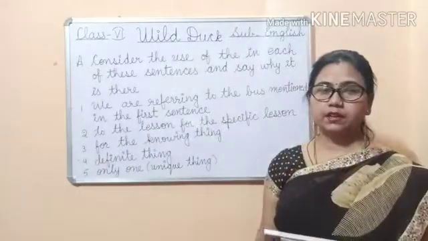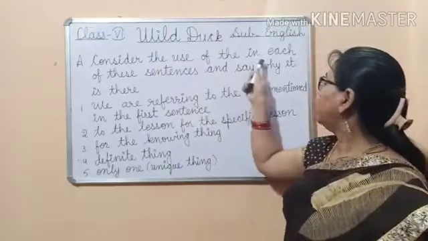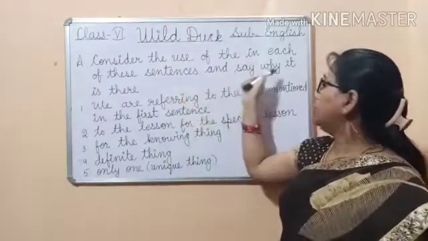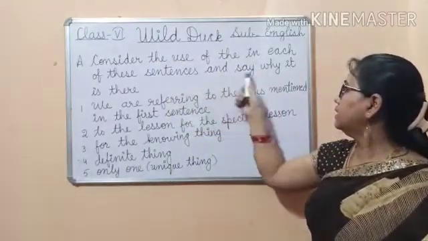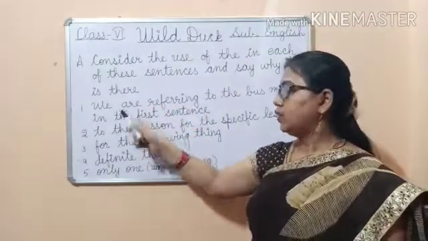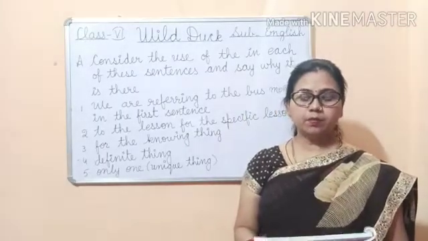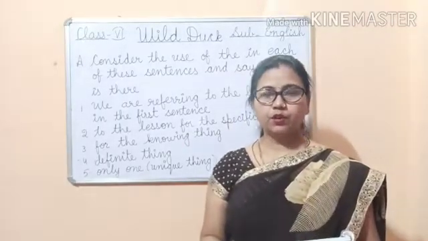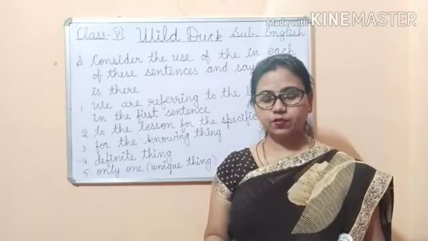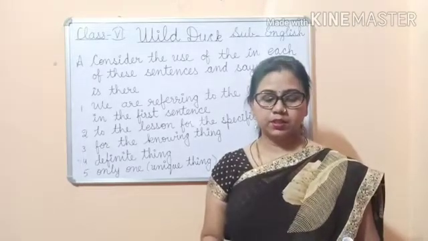So let's start our exercise. Consider the use of "the" in each of these sentences and say why it is there. Our first sentence is, she was on a bus when I phoned her. The bus was too noisy for us to talk.